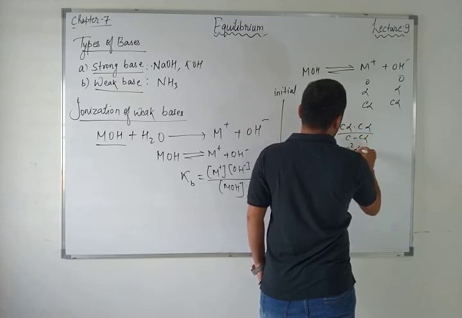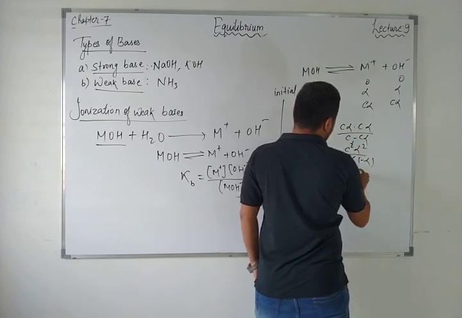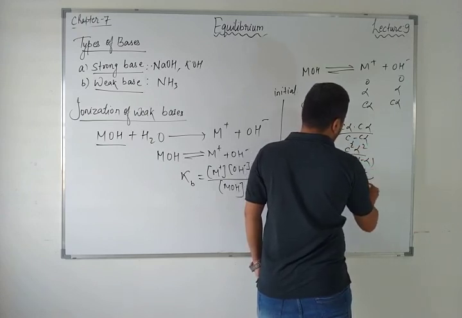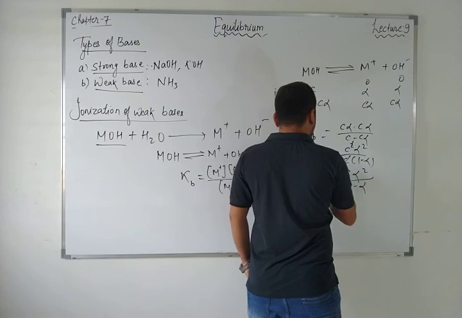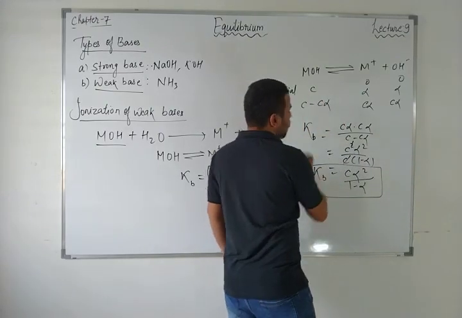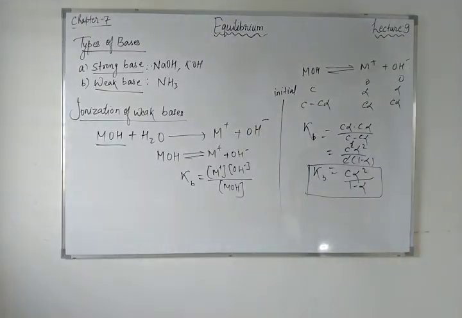So C square alpha square upon C into 1 minus alpha. C cancels: C alpha square upon 1 minus alpha. So here the form of Kb and Ka is equal. If I talk about the base and if I talk about the acid, the ionization constant has the same form.